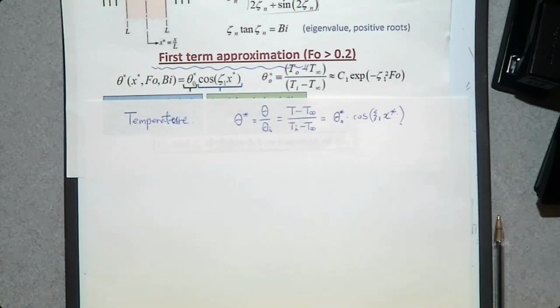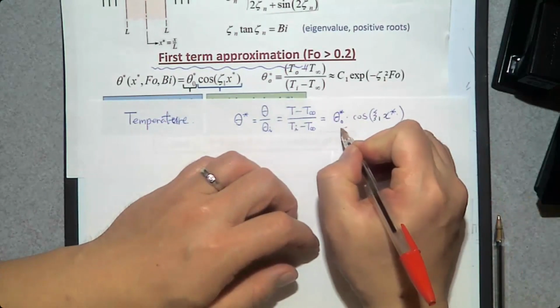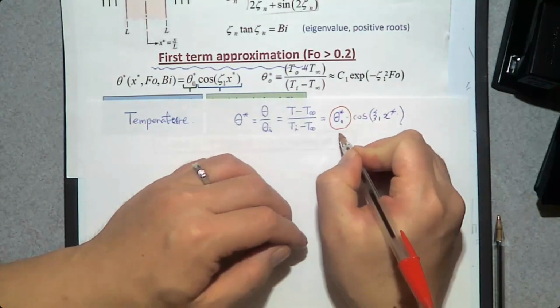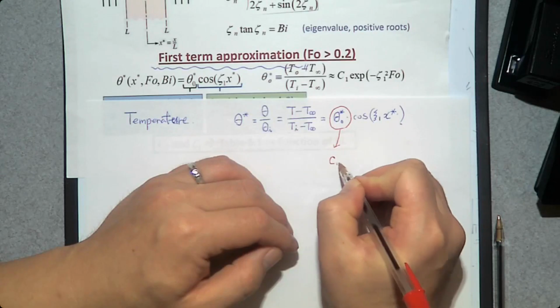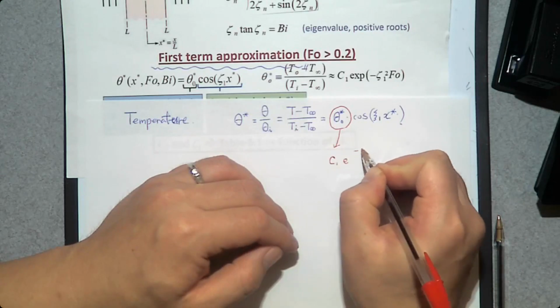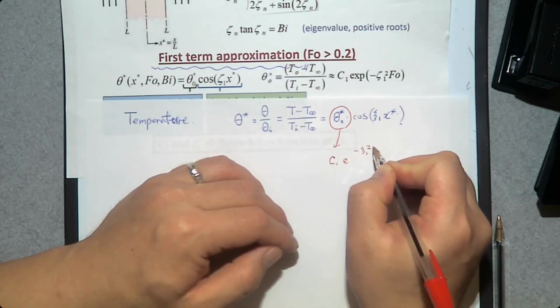And this theta star 0 can be determined by C1 e to the minus zeta1 square Fourier number.